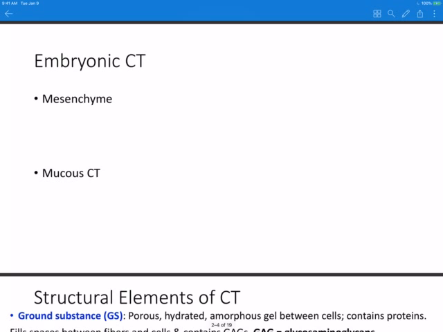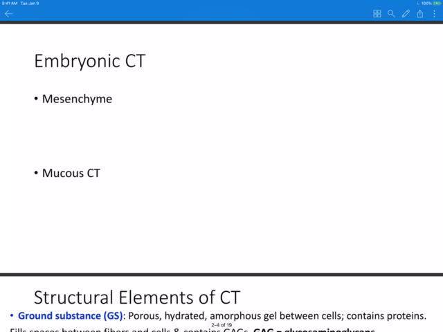Basically, all connective tissue derives from the mesoderm, which is one of the three primary germ layers in the embryo. We have mesoderm, ectoderm, and endoderm. And connective tissue comes from mesoderm. The first connective tissue to develop is mesenchyme. The stem cells of mesenchyme produce all connective tissue in the body.